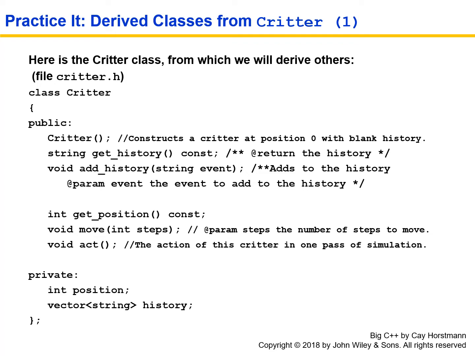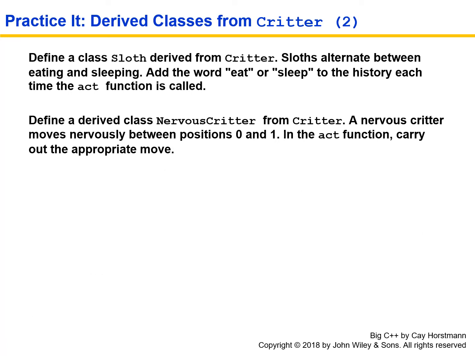how it acts when it's not moving. So you could define a class sloth that whenever you call the act function, it would add to its history the word eat or the word sleep, depending on which it had done last. It alternates between eating and sleeping. It would have to keep maybe a Boolean variable about whether the last thing it did was eat or sleep, so that it could keep adding that.